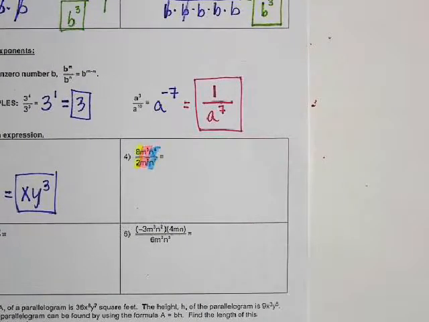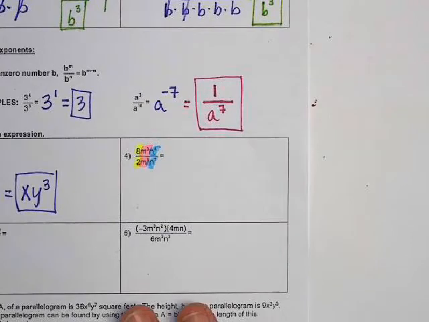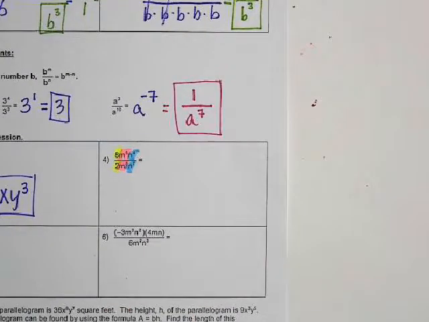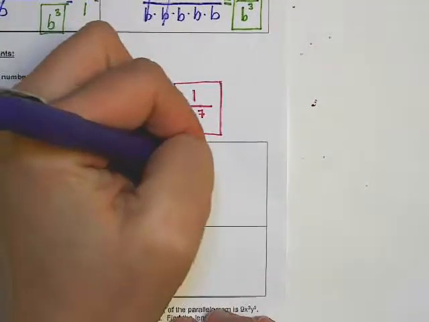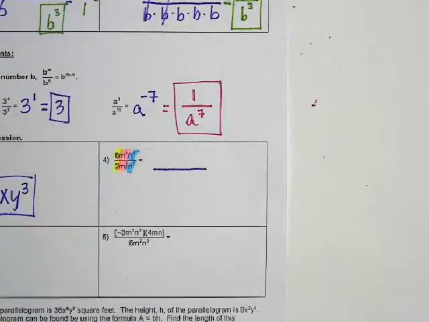Now, when you're dividing, the easiest thing to do is to go ahead and draw that fraction bar. So I want everybody to draw the fraction bar. What do you think I'm going to do with the big numbers this time? Divide.